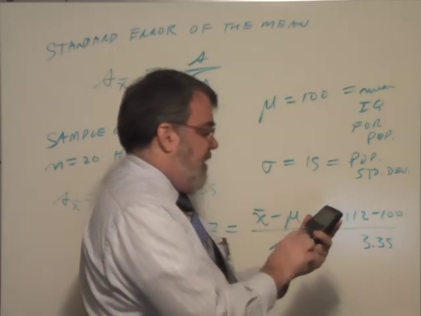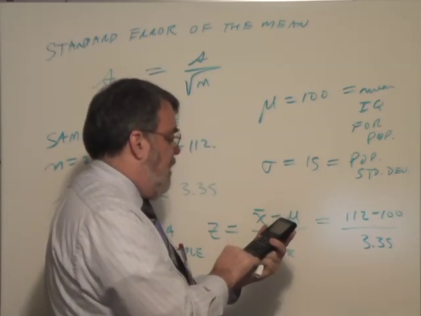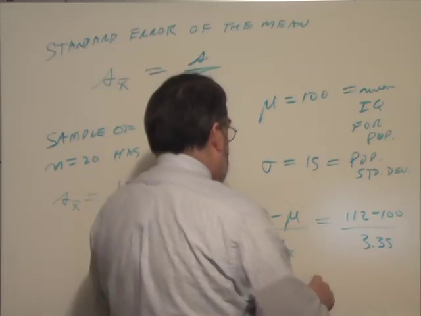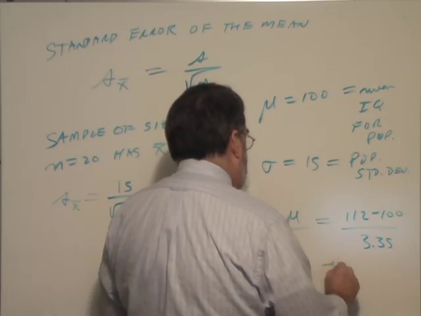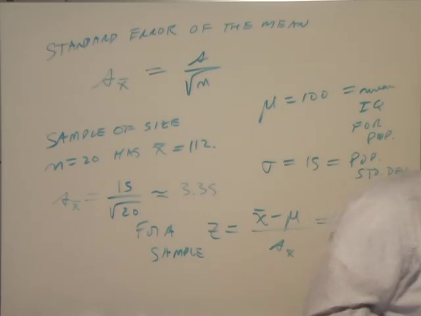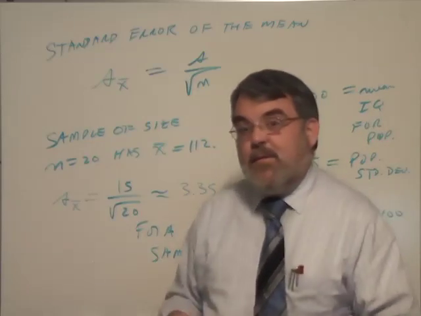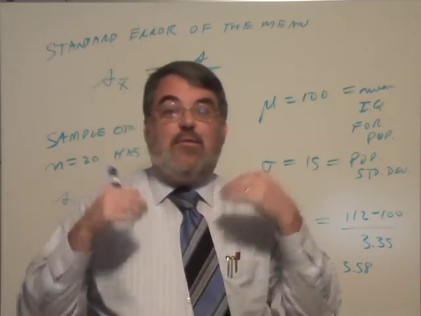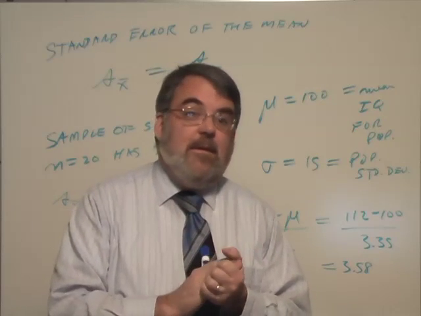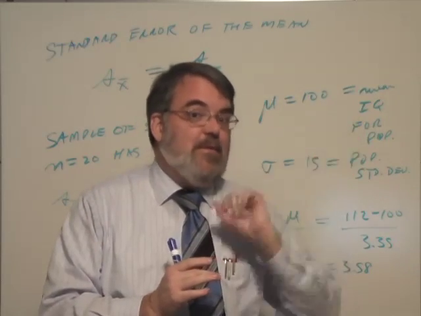And 12 divided by the other number is 3.58. Alright, so the probability of getting 20 people at random with an average IQ of 112 is actually a much higher z-score.